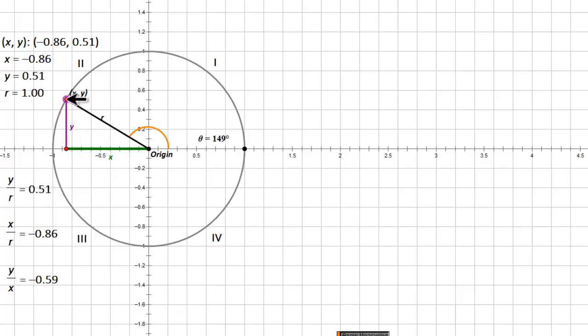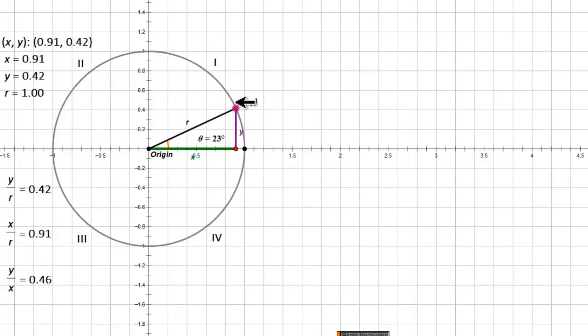And you can see that I've pre-calculated some ratios here which represent the sine, cosine, and tangent: y over r, x over r, y over x. Some of them are negative, whereas over here they're approximately the same, but they're all positive.